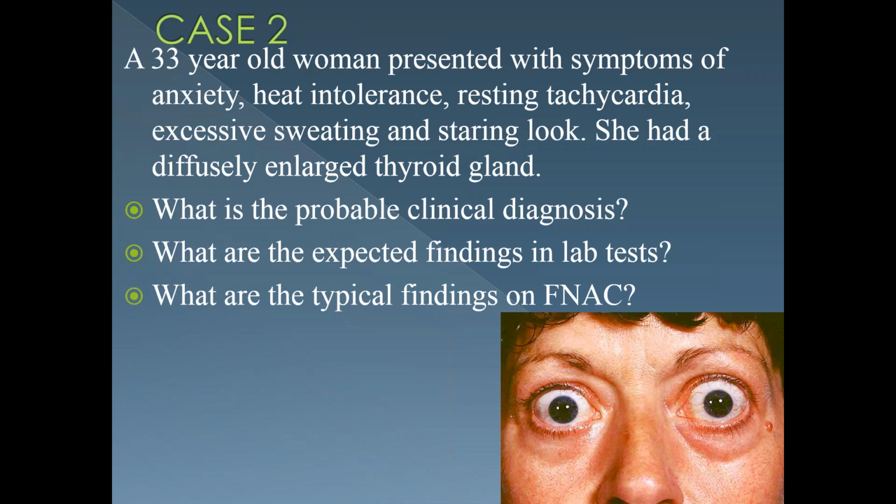And what are the typical findings on FNAC? If this is on a slightly higher level, we can leave this particular question on the FNAC. That could be a PG level question. So we can just deal with the first 2 questions in that case.